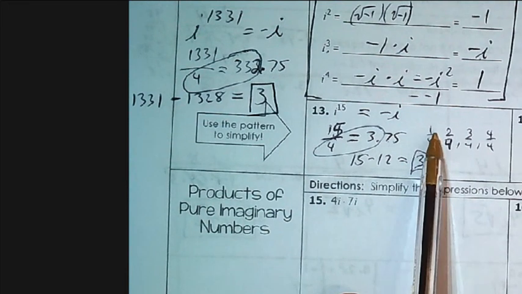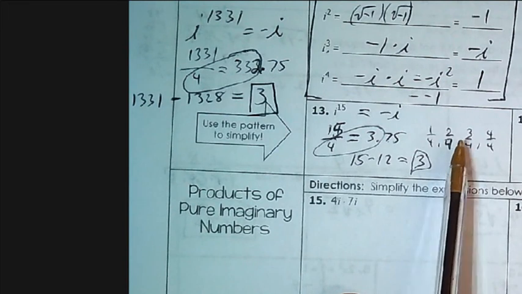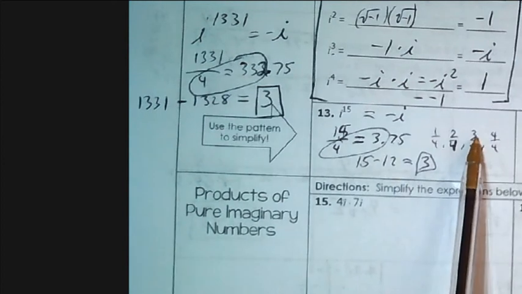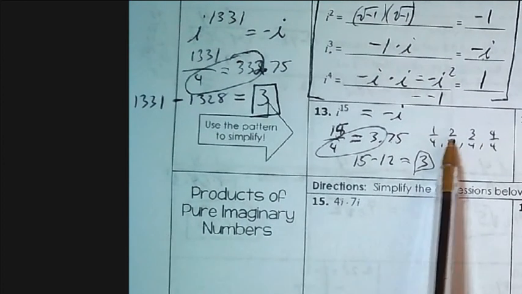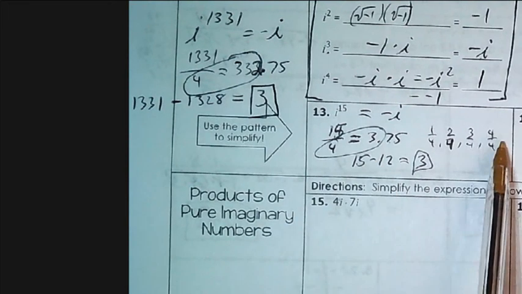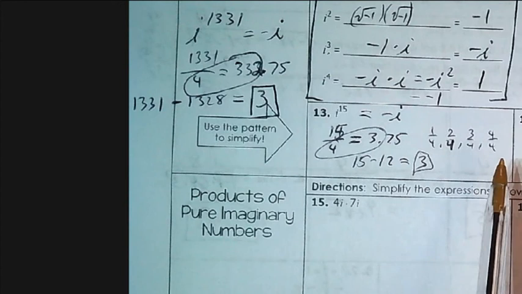If you got 2/4, that would be .5, so my remainder would be 2. So you don't have to do all this. This is just one way to do it. Then you got 4/4, that's a 1, so that tells me that I'm going to look at exponent 4.